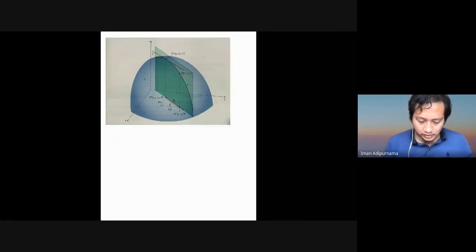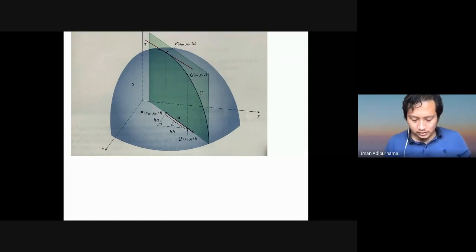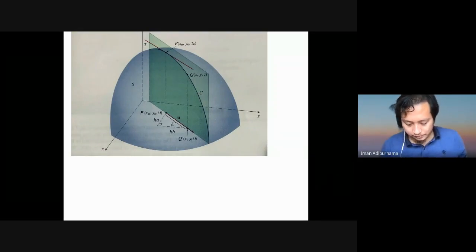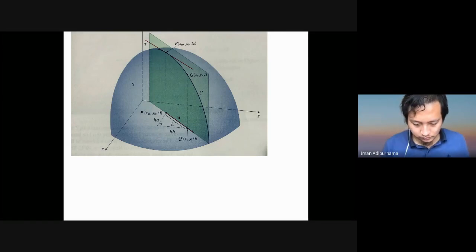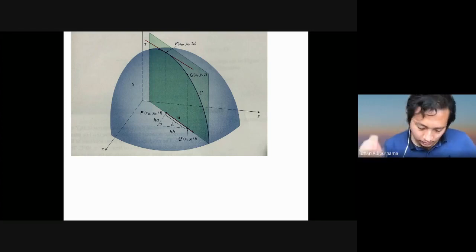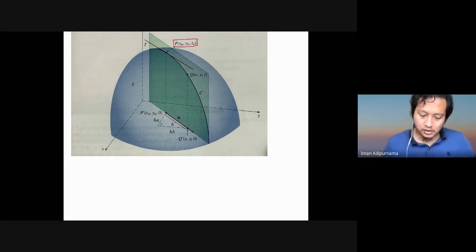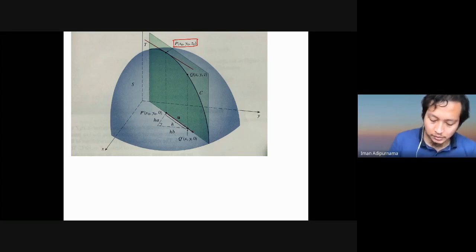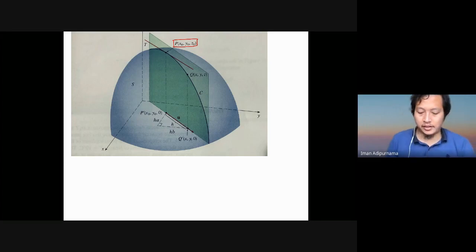Okay, if we look here, this is what we have. The point P here is a coordinate on the surface, so the blue color here is our surface, and we have point P here, and we have the tangent line T there.